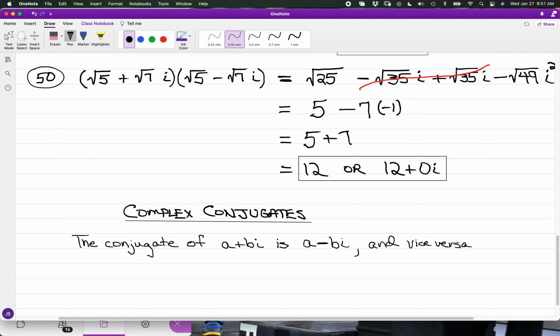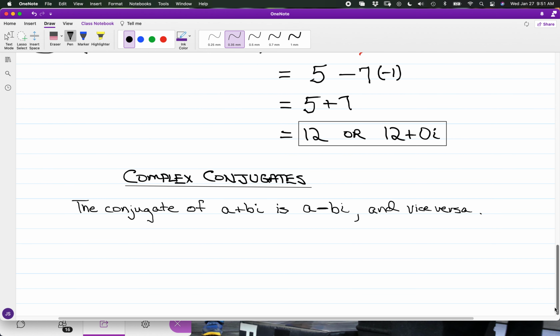So the conjugate of a plus bi is a minus bi, and also the conjugate of a minus bi is a plus bi.